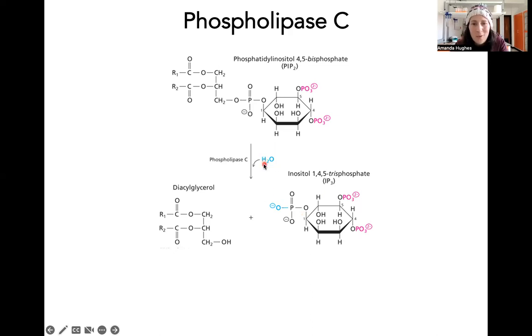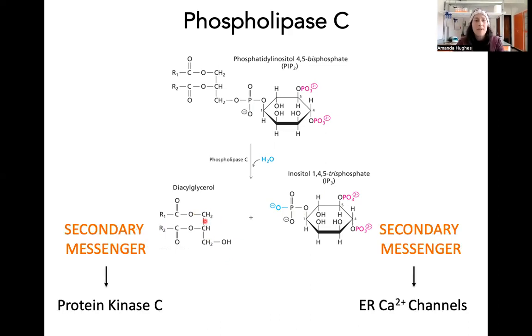And then the other one of the hydrogens is this hydrogen right here on our glycerol, 3 carbon chain, that eventually at one point had alcohols, but when you attach fatty acids to it, those alcohols become ester bonds. So here's the diacyl part, and then glycerol. So those 2 are our secondary messengers. Remember, diacylglycerol activates protein kinase C, and the IP3 activates the endoplasmic reticulum calcium channels and opens them up.